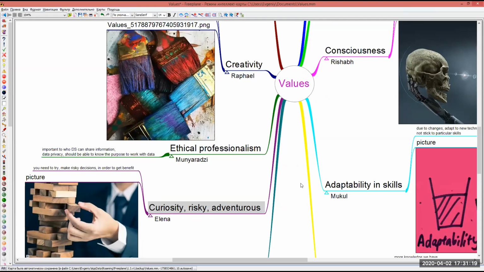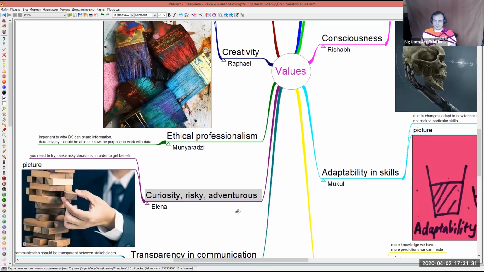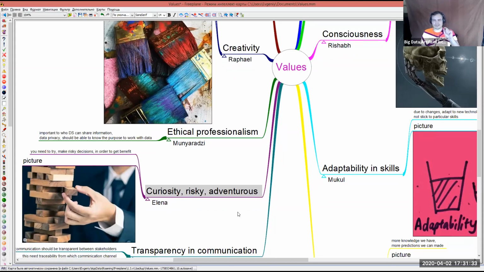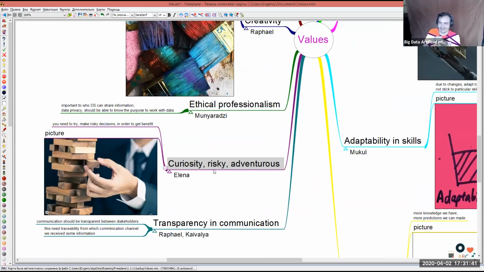So you were able to participate in such a kind of grant or activity. At first, you need to take a small piece of data, legally or illegally. If illegally, then it's like curiosity, or some risky decision.